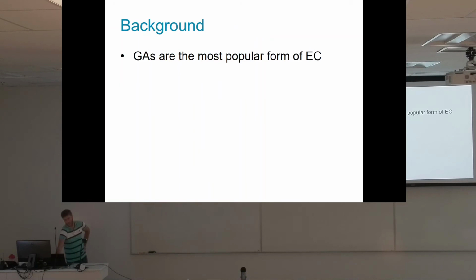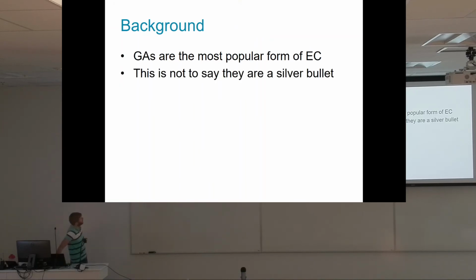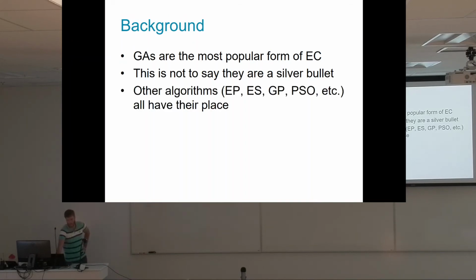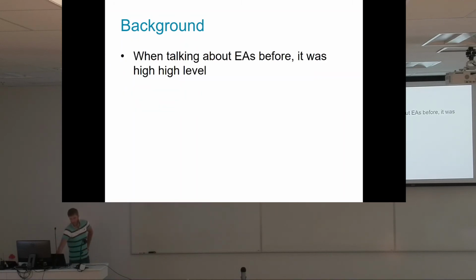GAs are the most popular form of not even evolutionary algorithms, but evolutionary computation. But that's not to say they're a silver bullet, of course. Other strategies are great: evolutionary programming, evolutionary strategies, genetic programming, particle swarm optimization. There's a long list of different types of evolutionary computation. When talking about evolutionary algorithms before, it was high level.